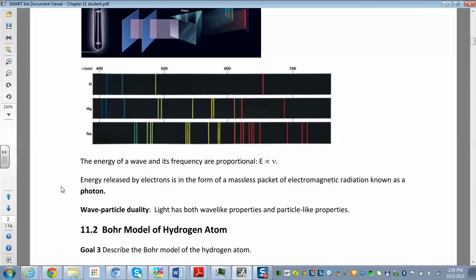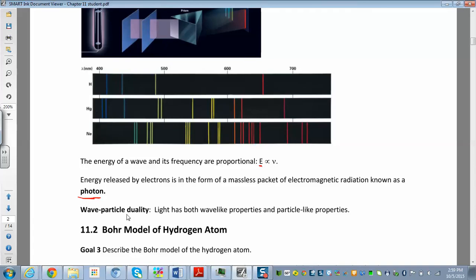Energy released by the electrons is in the form of massless packets called photons. The energy is proportional to the frequency, and frequency is related to wavelength, and wavelength represents different colors. So this is all related: any particular energy is going to have a different color.